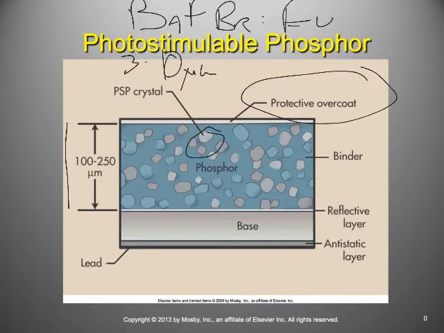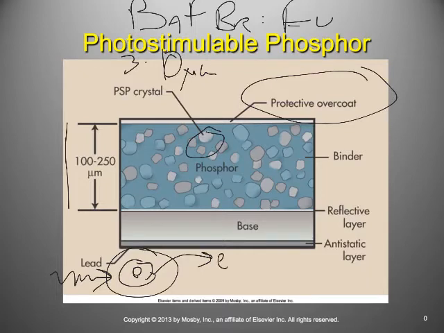And that's largely because it's what we call metastable, which means that when an X-ray photon, so let's say we had a barium fluorohalide molecule here, is incident on it, it's going to eject an electron, but that electron's going to remain in a metastable state.